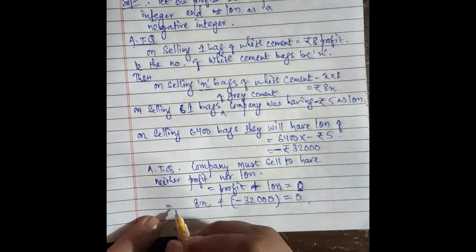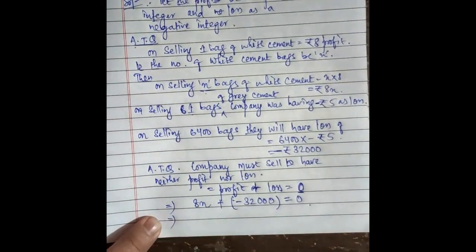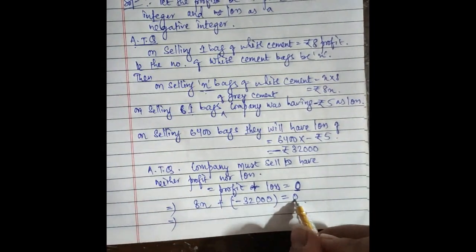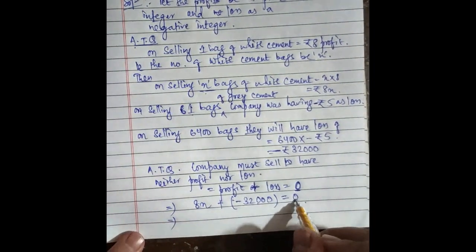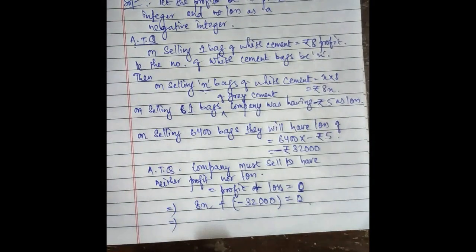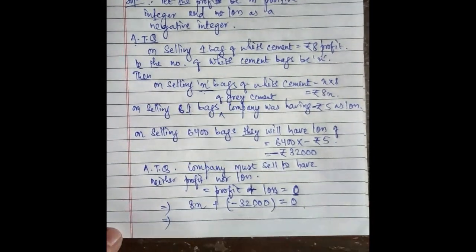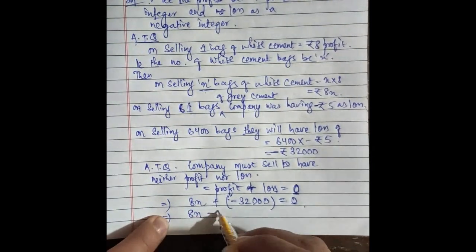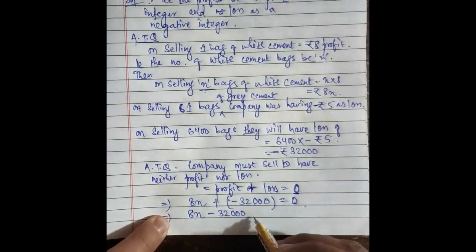So after selling, profit and loss should be neither profit nor loss. That is 0. We don't have anything in our hand, so that indicates it is 0, right? So 8x minus 32,000 is equal to 0.